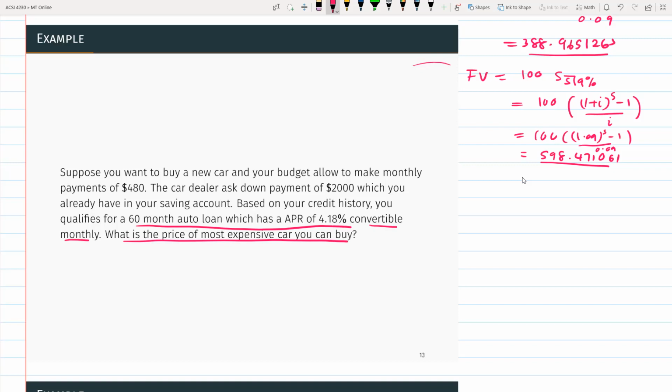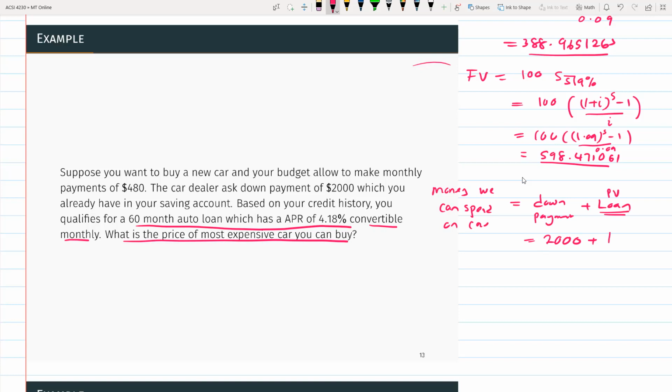So the money we can spend on the car is what? Down payment plus loan. So the down payment is 2000 and the loan is the present value of the loan.